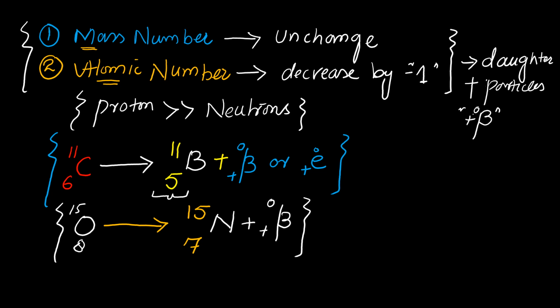Similarly, now dear student, let us solve some problems for positron decay. Consider that an element passes through positron decay, and in this positron decay, we found that the element is converted into daughter nuclei, which is the oxygen O18 isotope, along with positron radiation or positron particle.